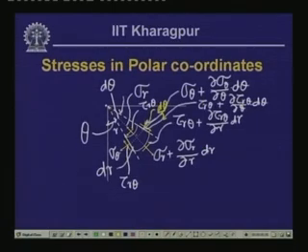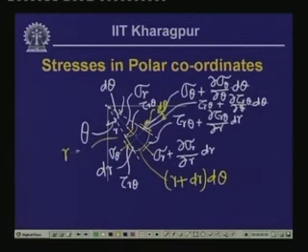Now, on this particular plane, the area on which this particular stress acts is r plus dr times d theta, and this particular length as equal to r d theta.